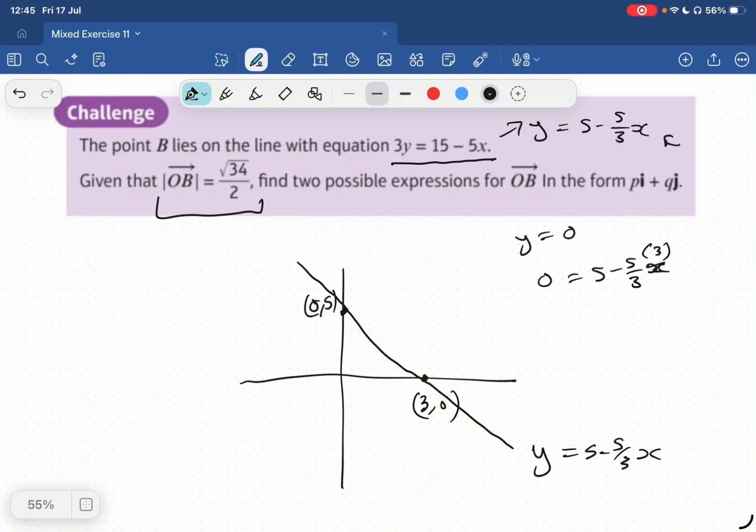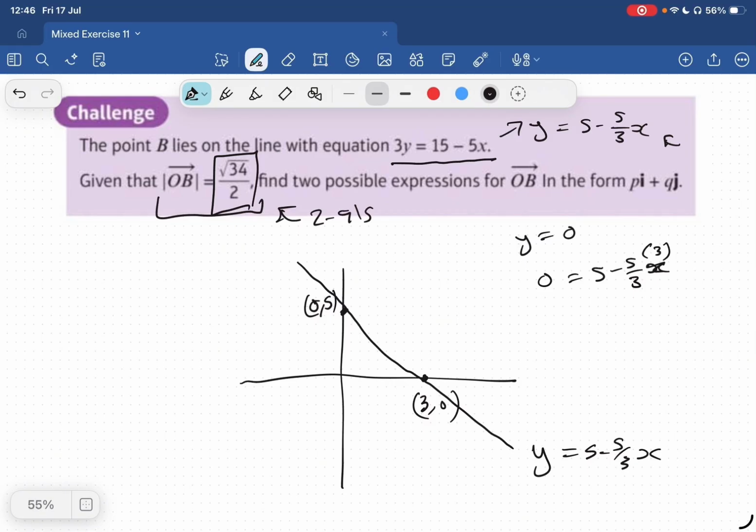Now, given the magnitude of OB, where B is some point on this line, I think it's always helpful to figure out what this is as an actual number. So I'm going to put that in my calculator: square root of 34 over 2, and it's going to be 2.915. So we have an estimate of how big this is going to be.